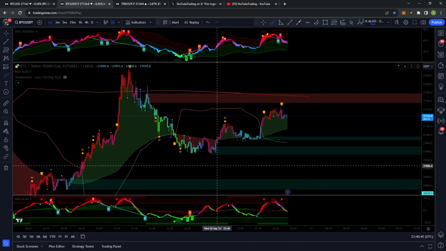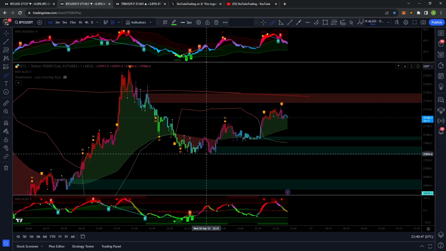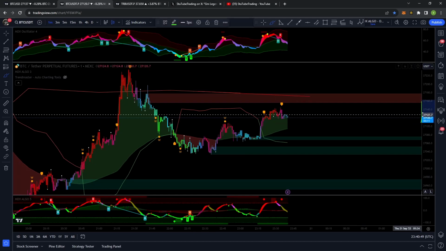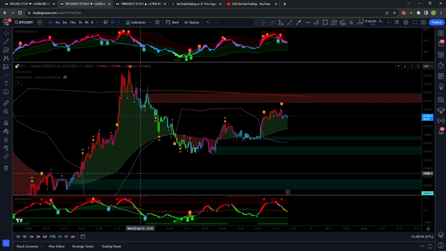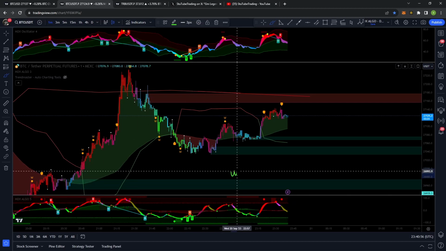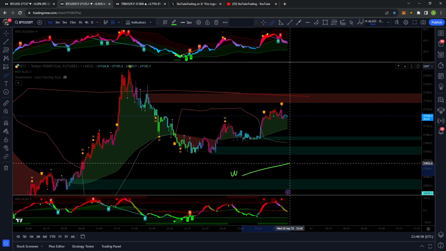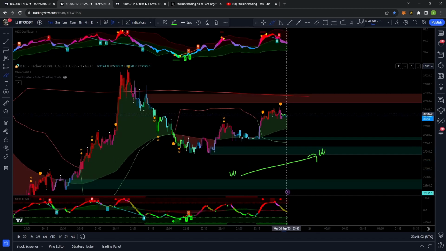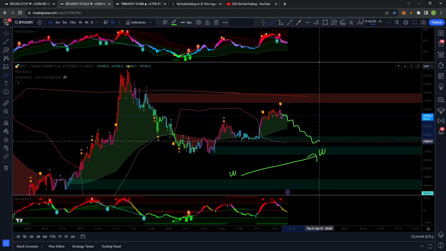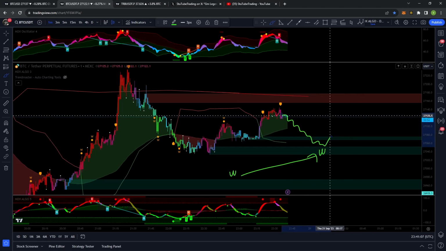So let's even make it more drastic here. Let's say I had a W down here and I was looking for a higher low W on a pullback, but we never really had a controlled pullback to that level and then getting that reversal.